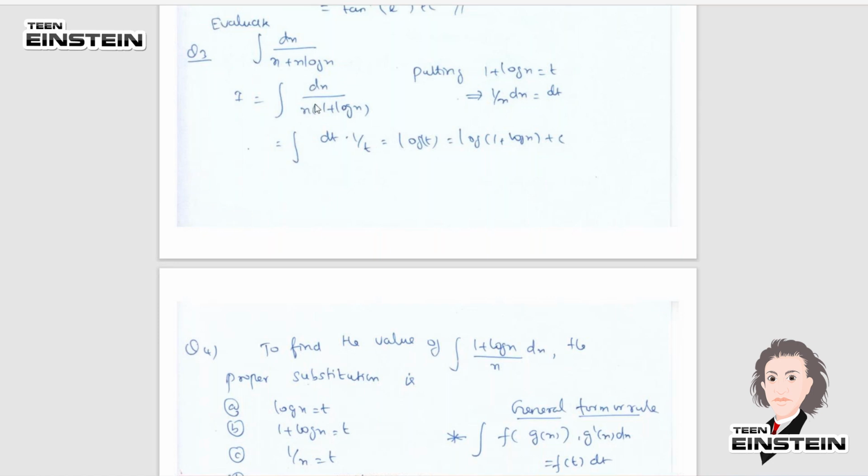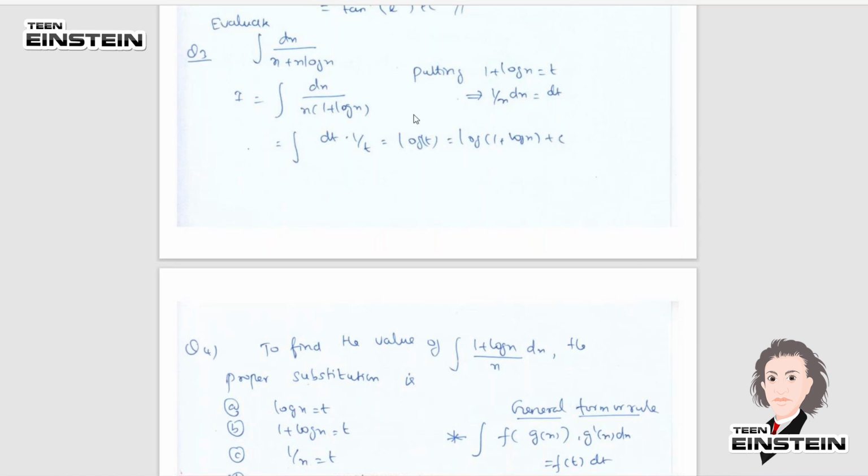Integral 1 by t dt is log t. Therefore, log of 1 plus log x, since t is 1 plus log x. So logarithm of 1 plus log x plus c. Okay, is it clear?